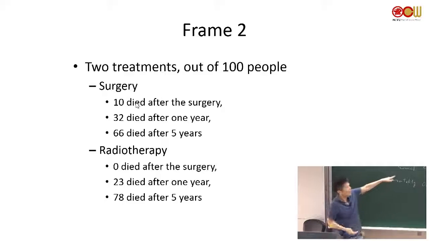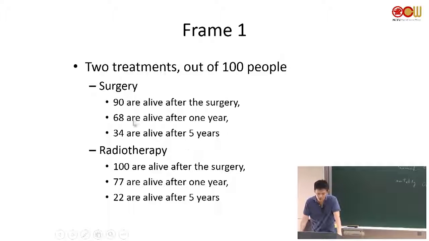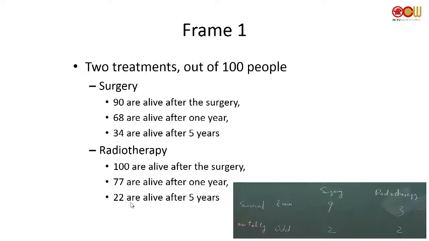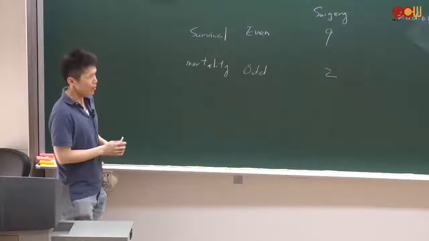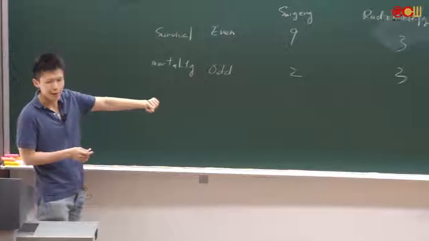If you look at the even numbers, most of them would choose surgery, because in terms of the consequence in 5 years, surgery seems to be better. After 5 years, 34% will still be alive, but only 22% will be alive if you take radiotherapy. That is why most of the even numbers chose surgery. But the decision made by the odd numbers is more half-half.